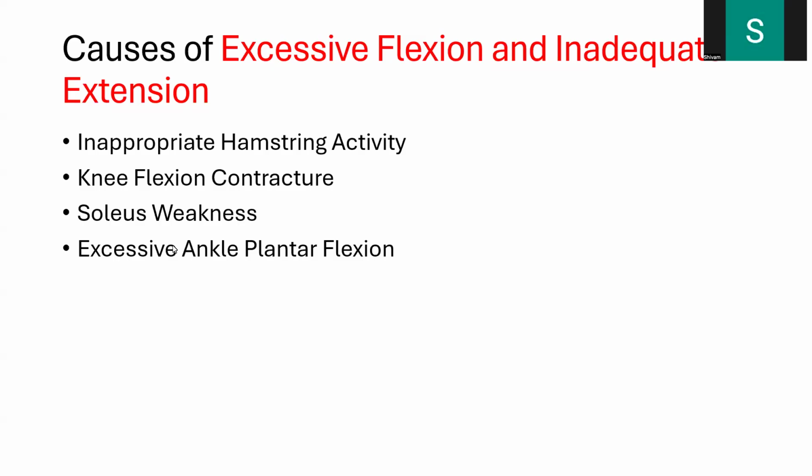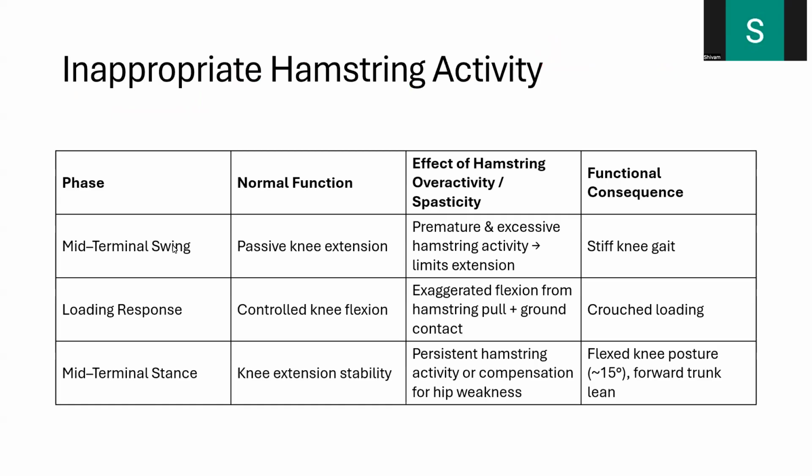Coming to inappropriate hamstring spasticity. We know that excessive hamstring activity is seen in upper motor neuron lesions like cerebral palsy. Hamstring overactivity can be either premature or prolonged. These errors disturb the knee extension in terminal swing and cause increased knee flexion because of the overactivity. Normally the hamstrings activate only at the terminal swing, like we discussed.